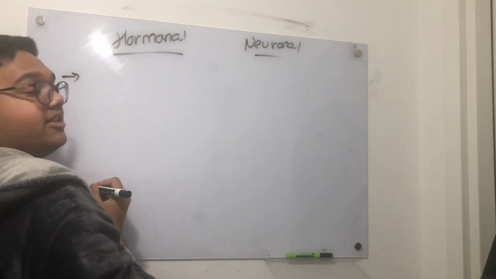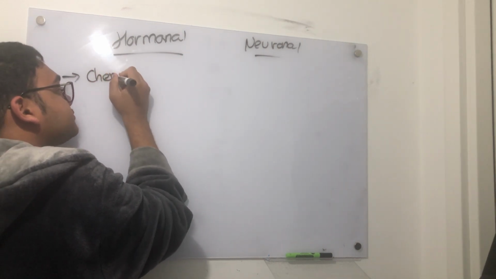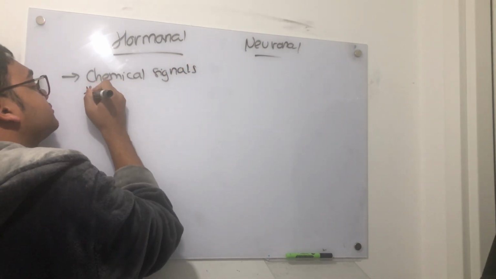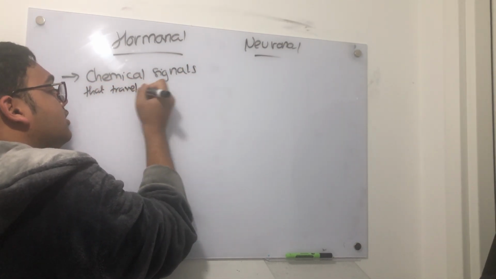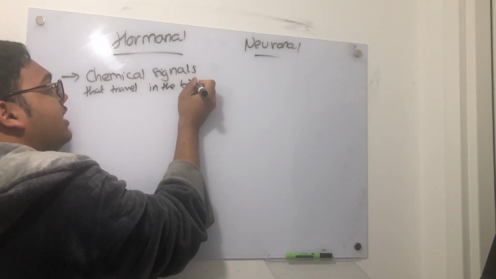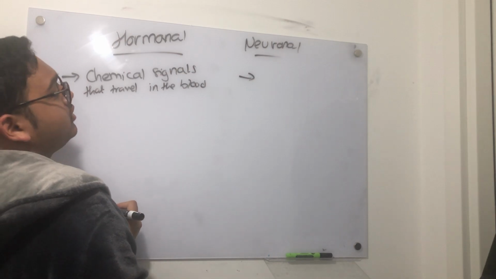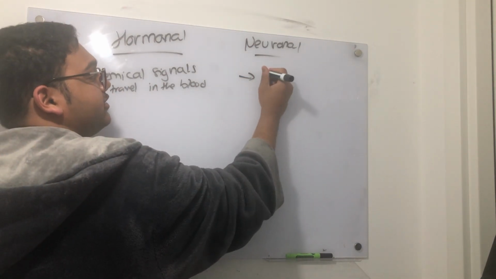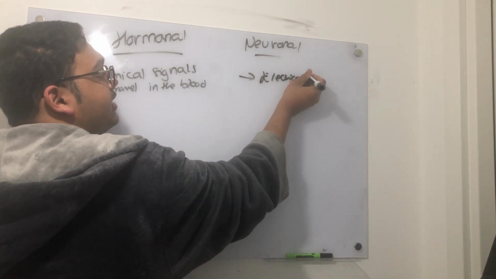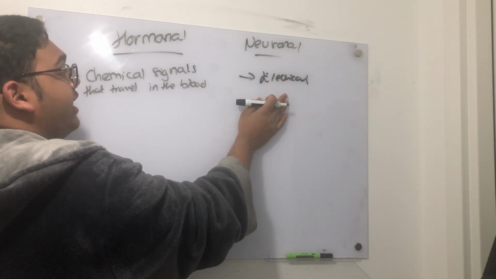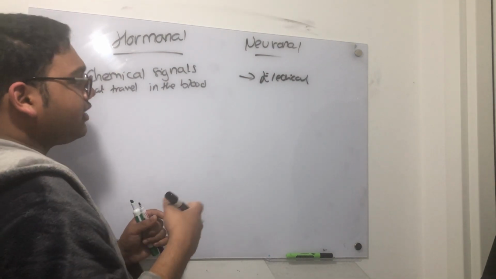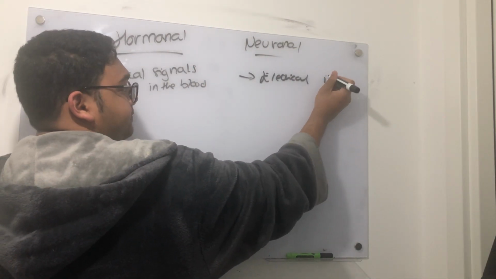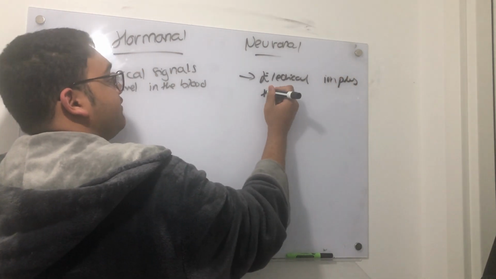So hormonal is based off chemical signals that travel in the blood, whereas with neuronal communication, it can be chemical signals, but mainly it's electrical impulses. You will see in later videos that the electrical impulses are due to chemical signals doing their magic, but for this all you need to know is electrical impulses travelled by neurons.